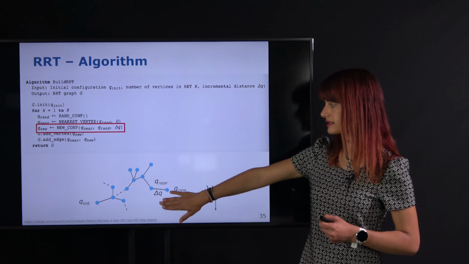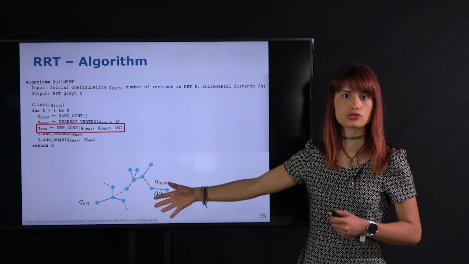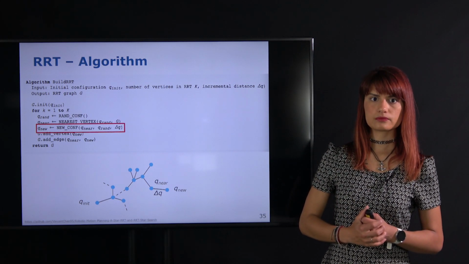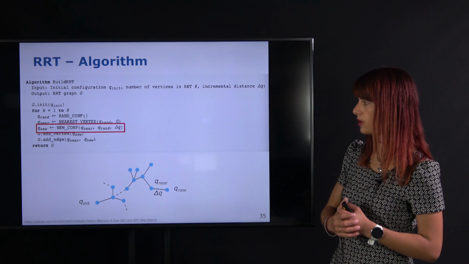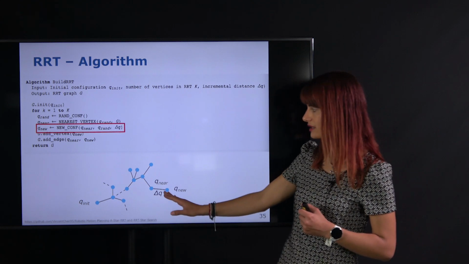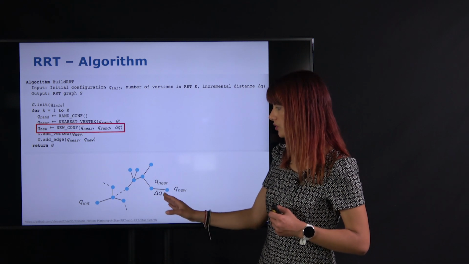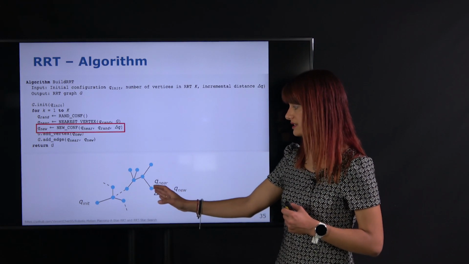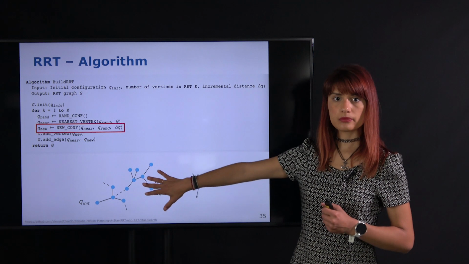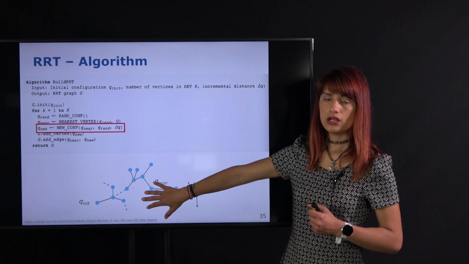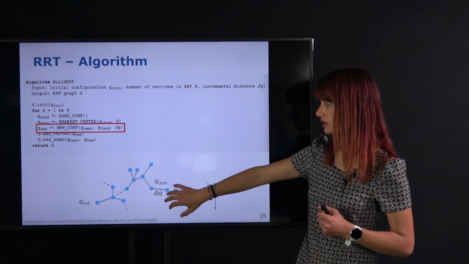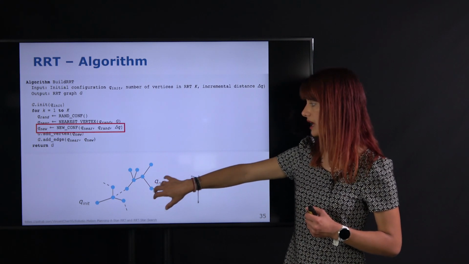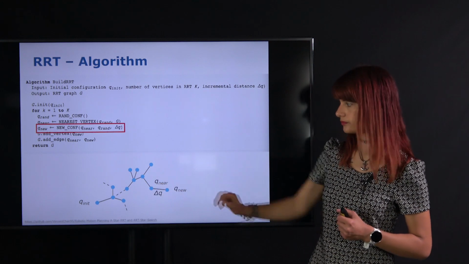So obviously this delta Q is important because it controls how the branches of our tree will actually look. And one implementation detail here is that if we sample a new node in the vicinity of the near node, so if we're less than delta Q away from the nearest node in the graph, then we don't need this parameter and we just select that randomly sampled node as a connection point.